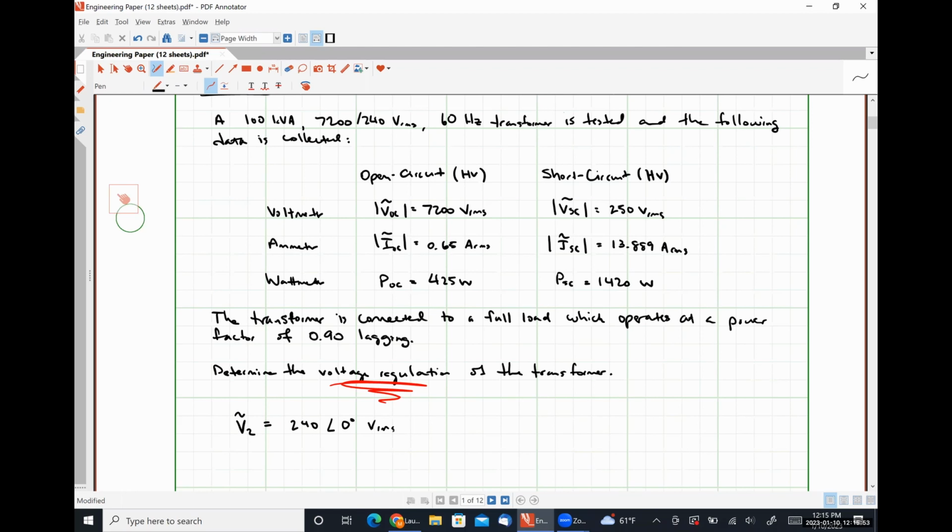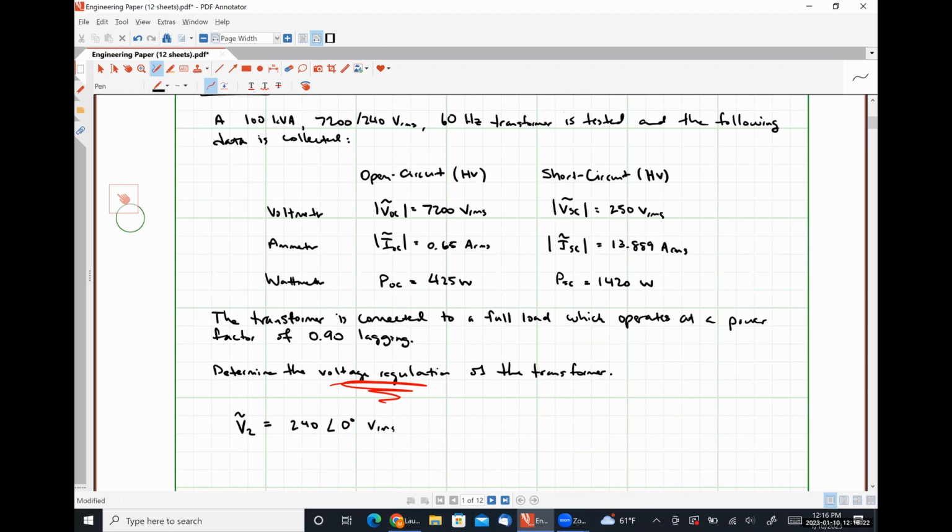Yeah, so I can understand why you might be confused by that, because the short circuit voltage, VSC, is 250 volts RMS, but this is when our test is applied on the high voltage side, right? So on the high voltage side, we're going to be using a reduced voltage, so something less than 7,200 volts. Well, 250 volts RMS is significantly less than 7,200 volts RMS.